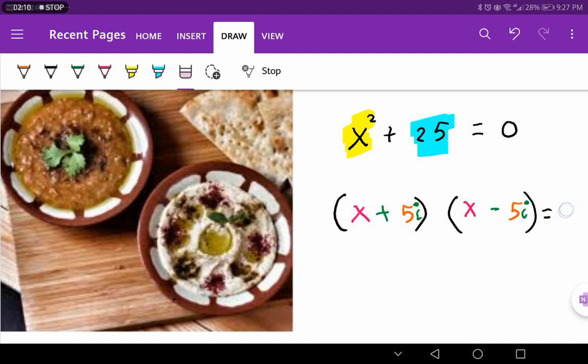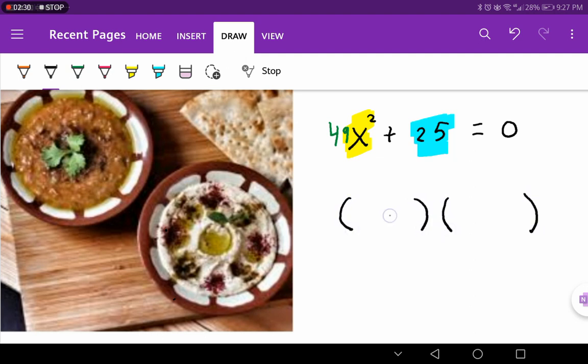Me too. Now, what if the x squared has a coefficient that is also a square, for example 49 here? Again, plus minus, x here and x there.